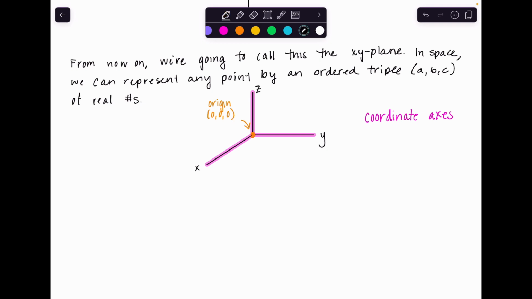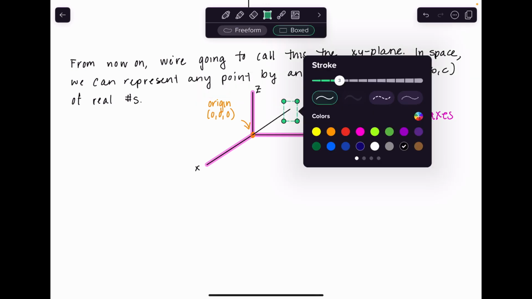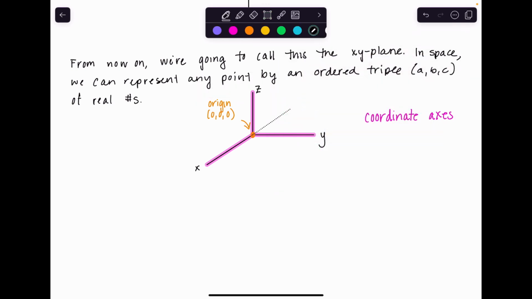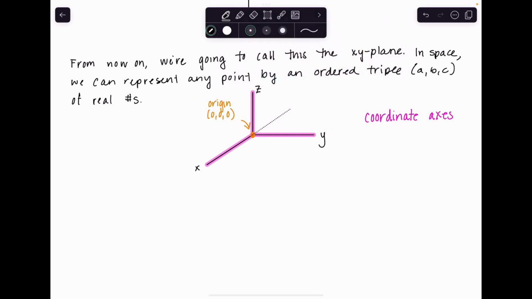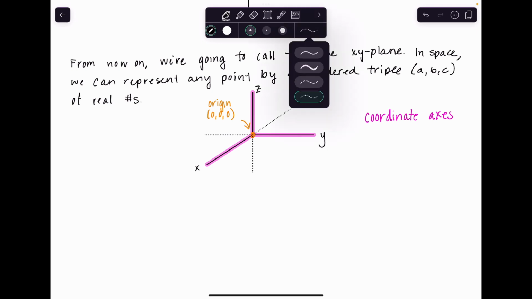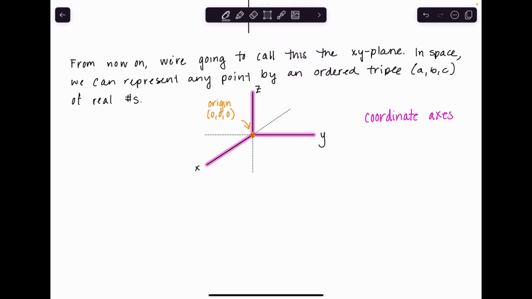Now, what we typically need is we need all of the other negative cases. So what we like to do is instead draw these as dashed lines. So going down will be the negative Z, and then going back here is the negative Y axis. Okay.